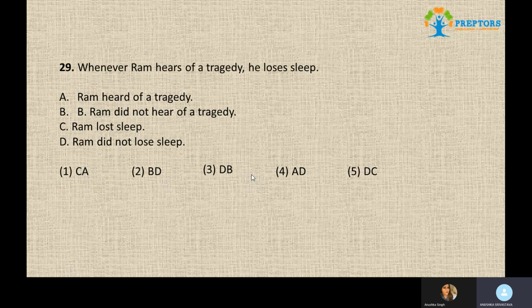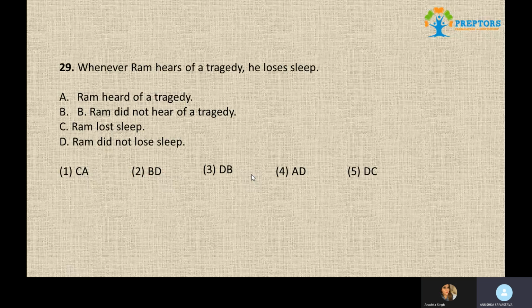The first thing I have to negate is he loses sleep, which means I need to negate the effect first. When I negate the effect, the cause automatically gets negated. So he loses sleep gets negated as Ram did not lose sleep.